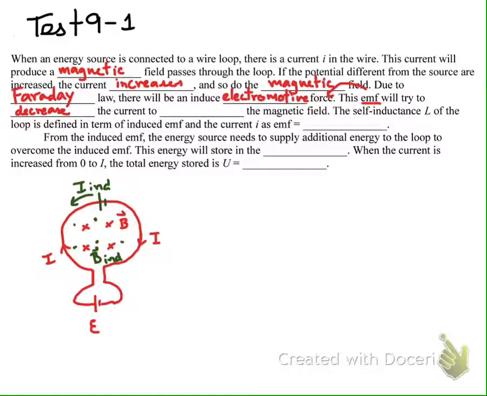When the net current decreases, it means that the magnetic field decreases too.